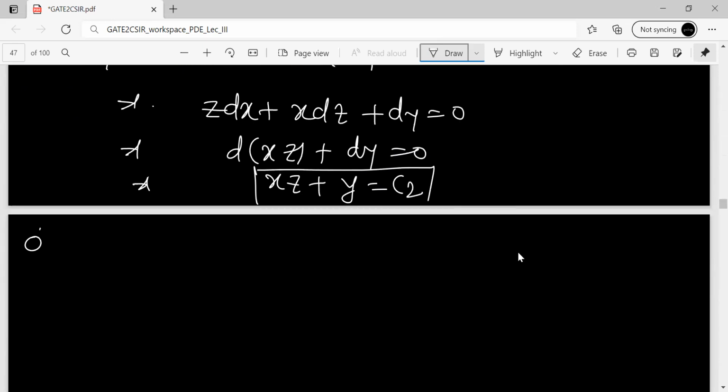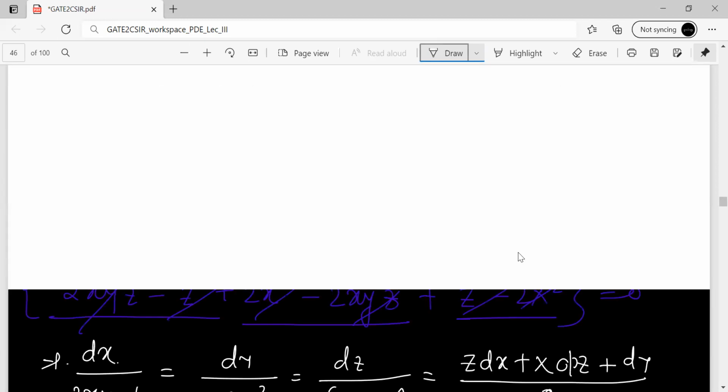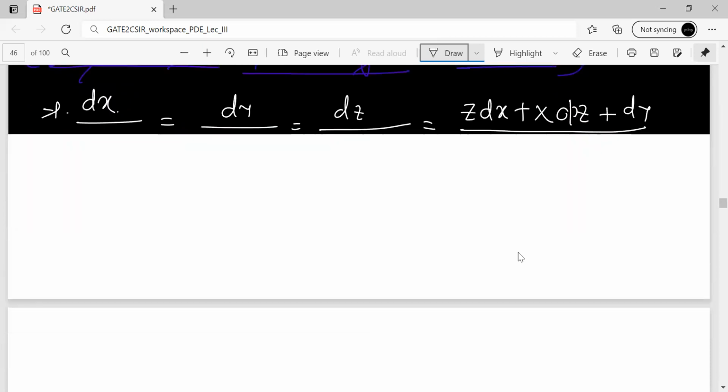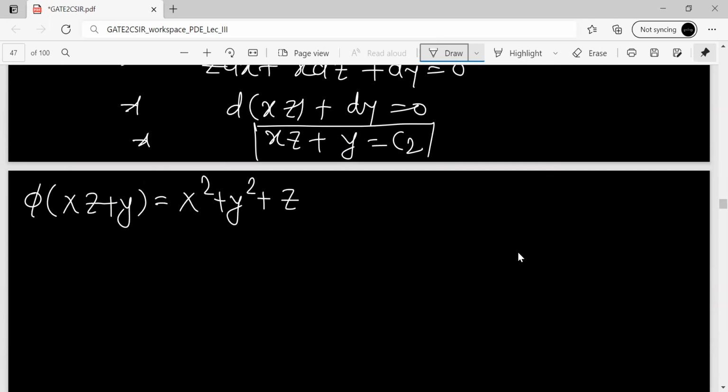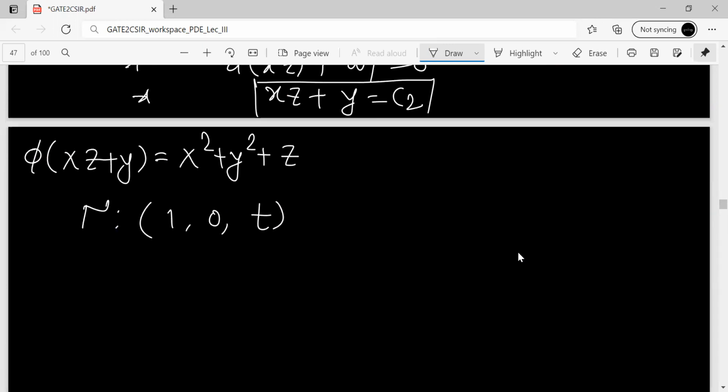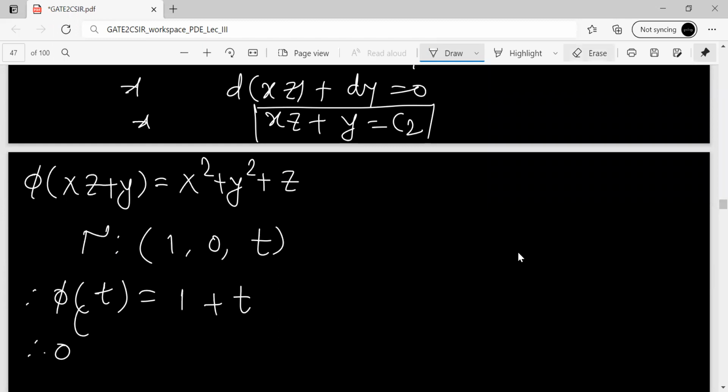So now you have got phi of xz plus y equal to x square plus y square plus z. Now since gamma is what? x is 1, y is 0 and z is t. So we're lucky, because it is ultimately giving me x is 1, z is t, and y is already 0. So phi of t, I simply got 1 plus t. Instead of this t, you don't need to put anything else.